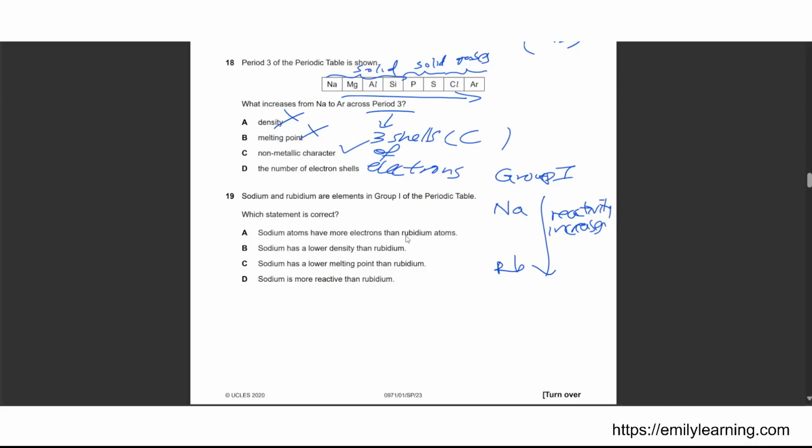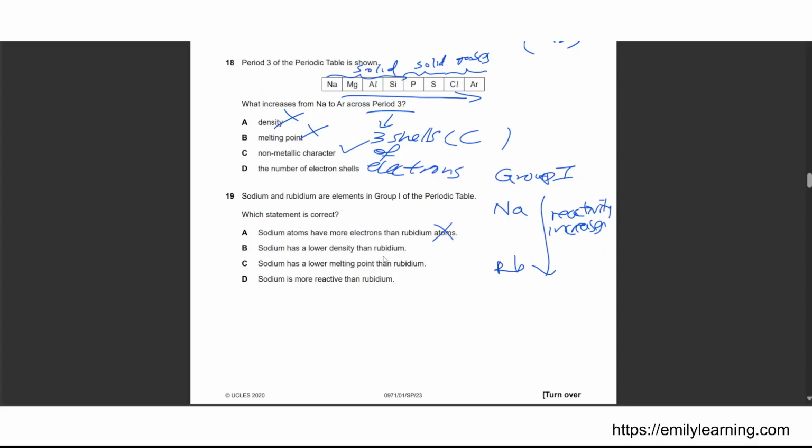Sodium atoms have more electrons than rubidium atoms. No. If you look at the periodic table, rubidium has more electrons. The more protons they have, which is represented by the atomic number, the more electrons they have. Rubidium has more protons than sodium. In other words, rubidium has more electrons than sodium.